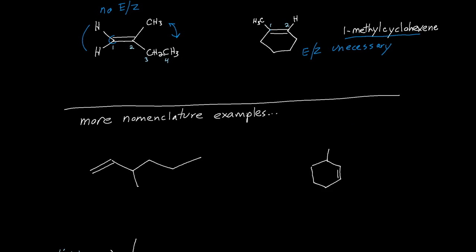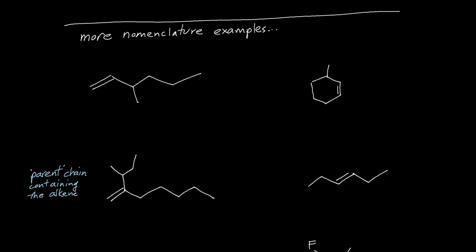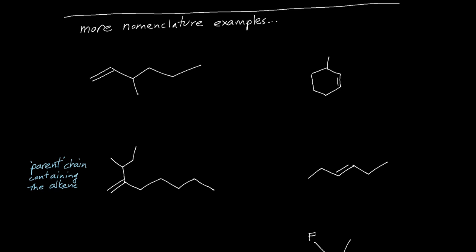So notice in the naming, we number through the alkene, and here we put the methyl group at position 1, where the substituent is. Going into the nomenclature a little bit more, you look for the parent chain of the molecule, the longest chain that contains the alkene.